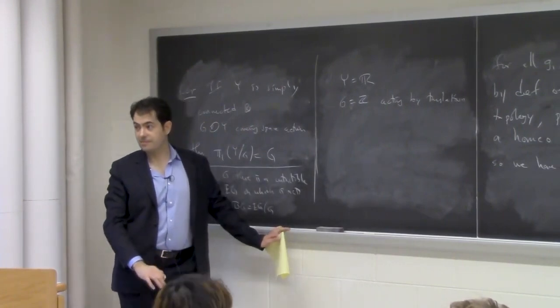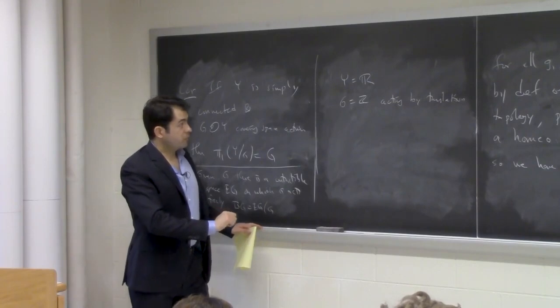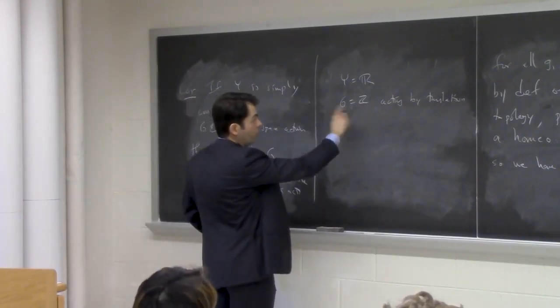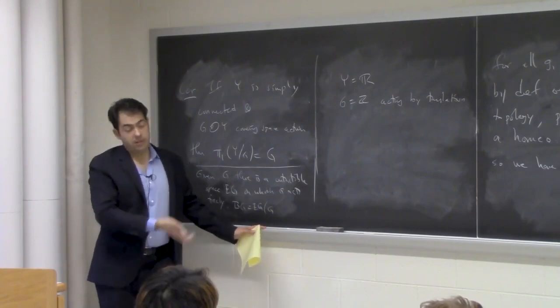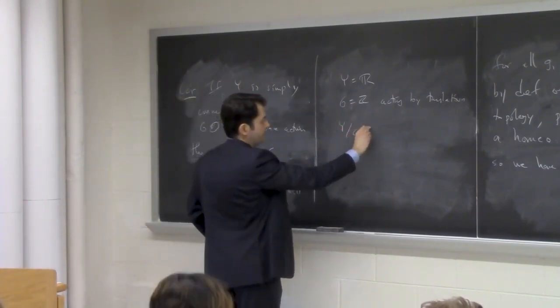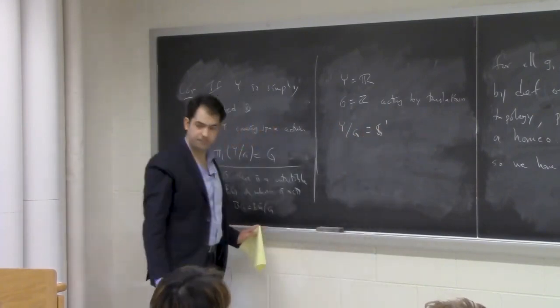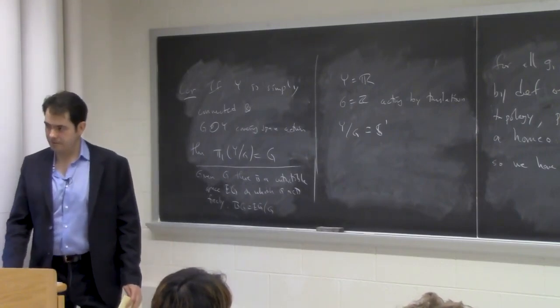And this gives us S1 back. Exactly, yeah. So what you have is every orbit is represented by, say, somebody in the unit interval. The endpoints get identified, and so your orbit space is S1.